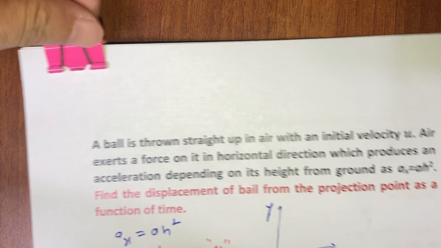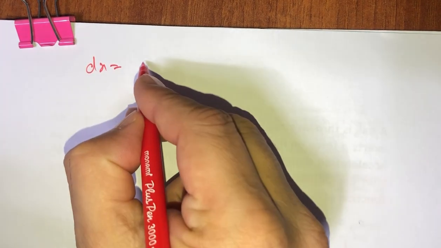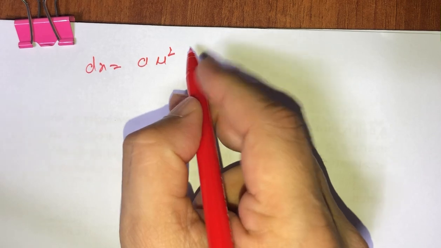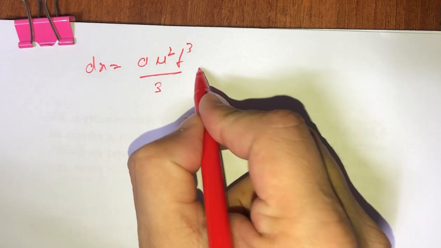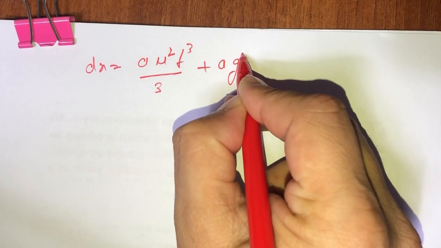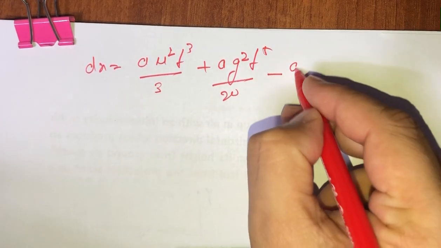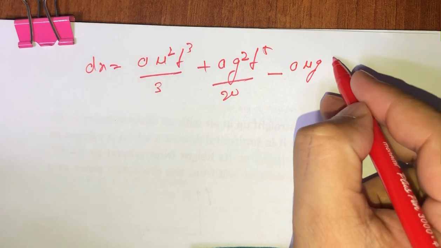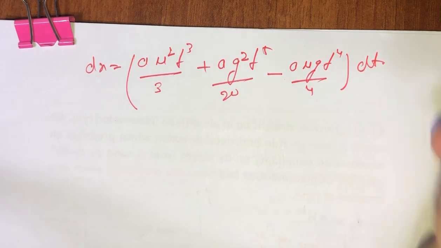Now this equation can be modified in the same way which we did for the velocity part. We can write that dx is equal to a u square t cube divided by 3 plus a g square t5 divided by 20 minus a u g t4 divided by 4, dt.